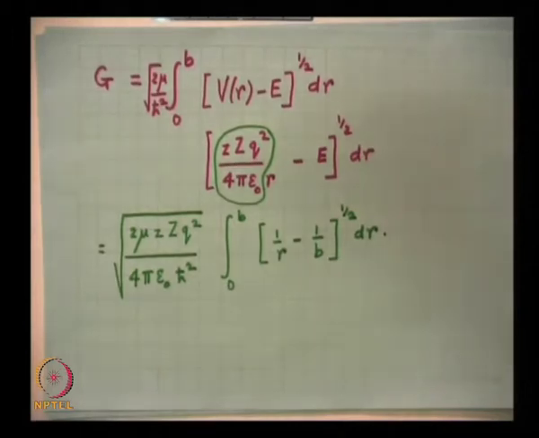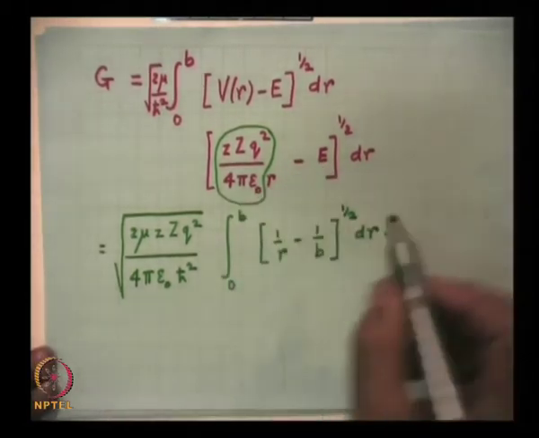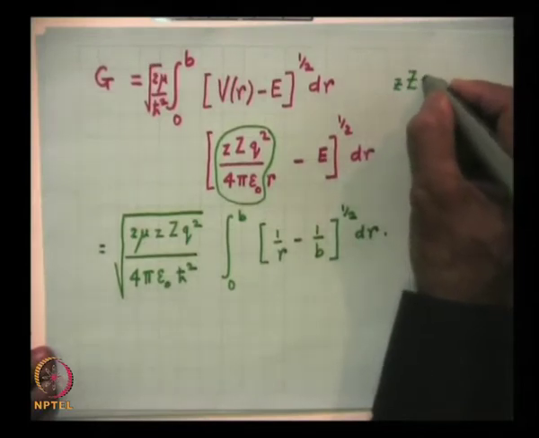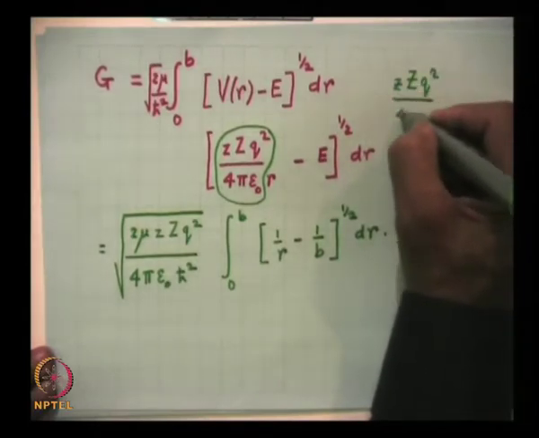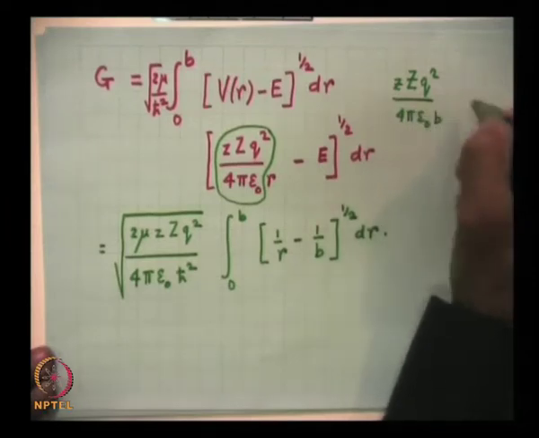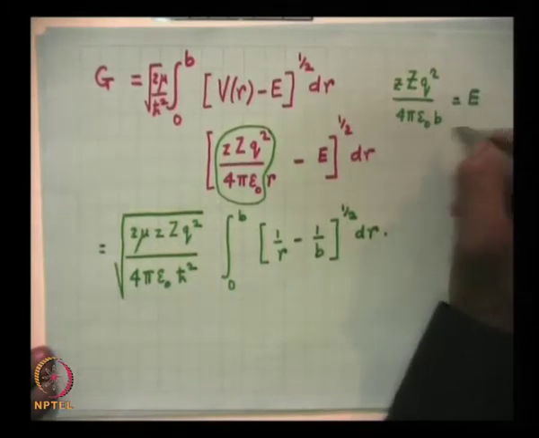You see, because b is the point, but this is 0. So, z Z q square by 4 pi epsilon naught b is equal to E. So, this is the turning point.